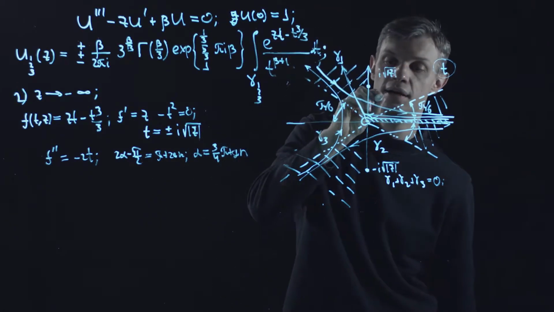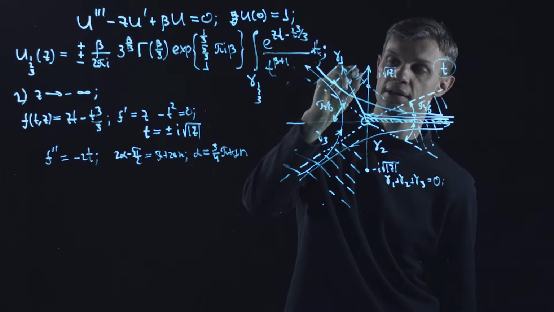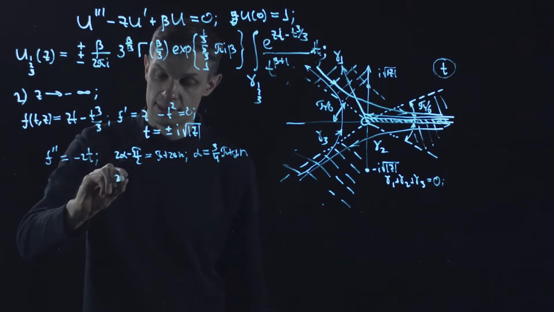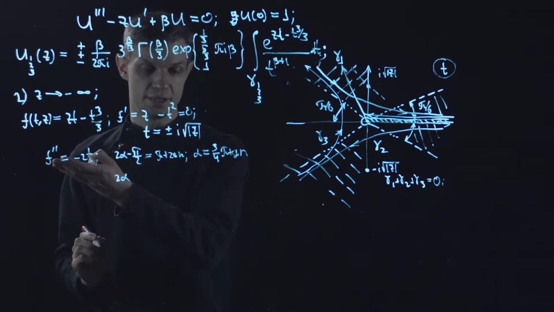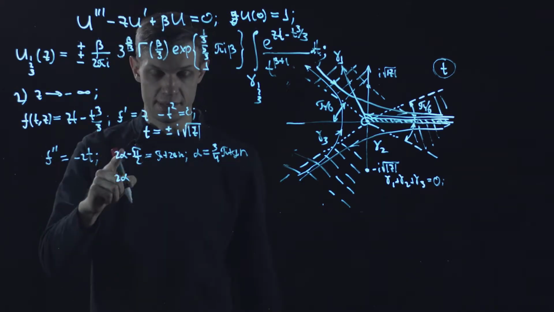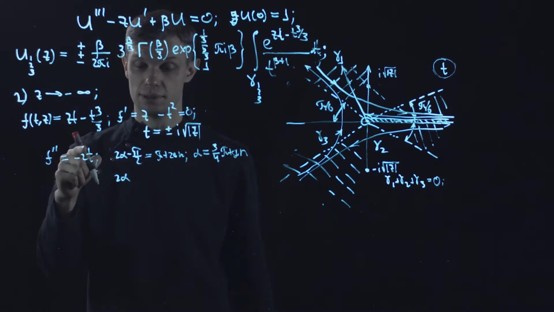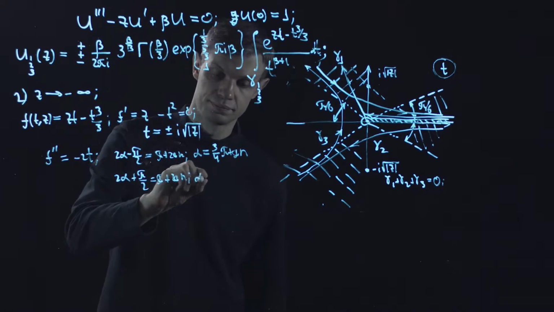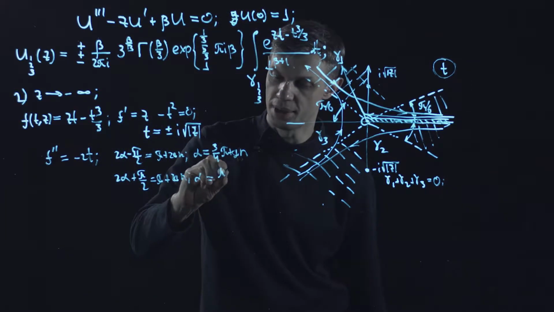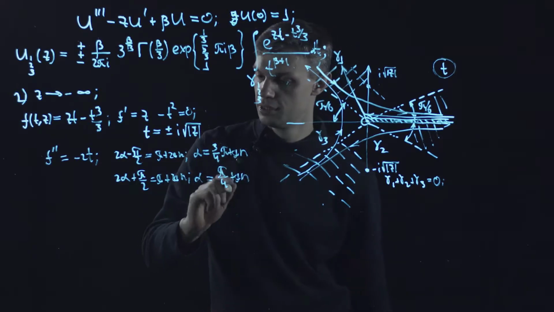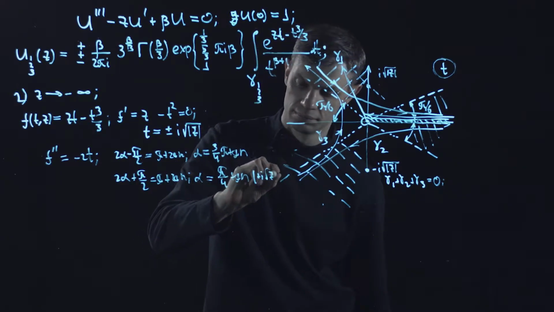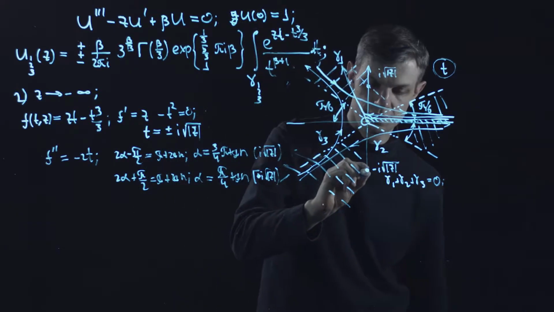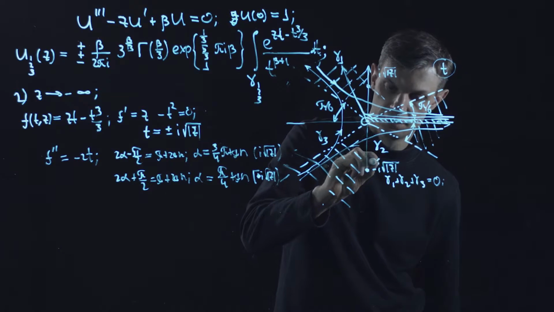So that's the steepest descent direction for the upper point. And for the lower point, it's symmetric. The second derivative has an argument which is simply pi by 2, and the steepest descent direction is pi by 4. So here is our pi by 4 direction.